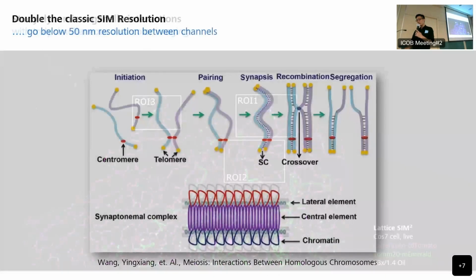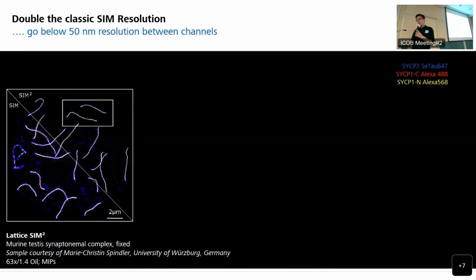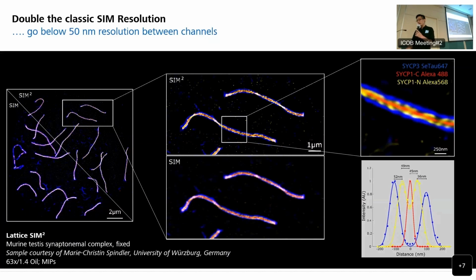The most interesting part is this one. We try to resolve the really fine structures of the protein complex between, how should I say, the two synaptonemal complexes. Here, these are images acquired by the new SIM square technique.